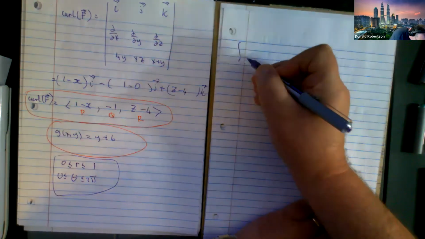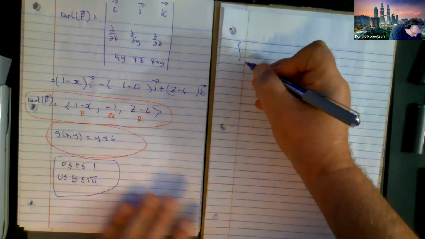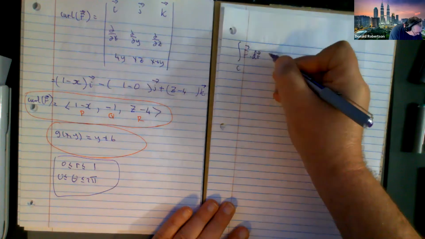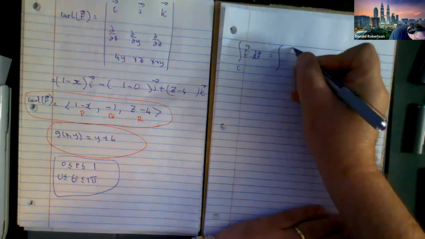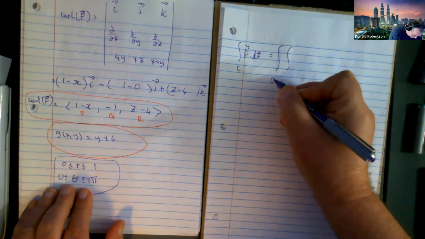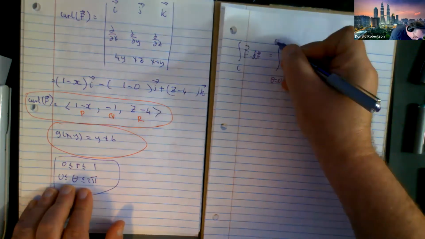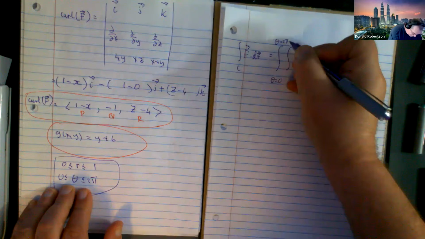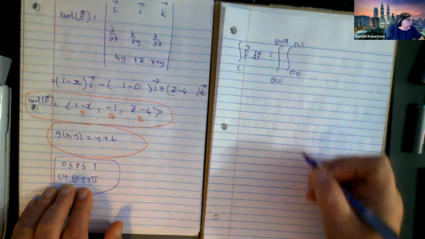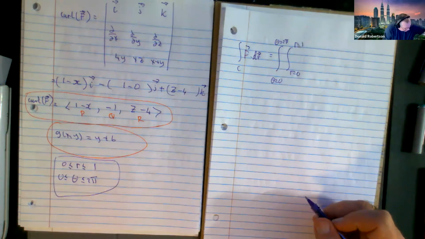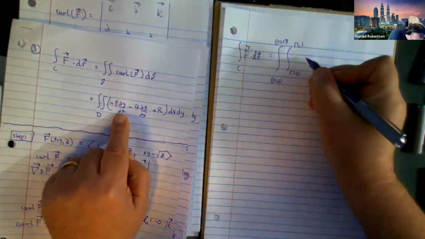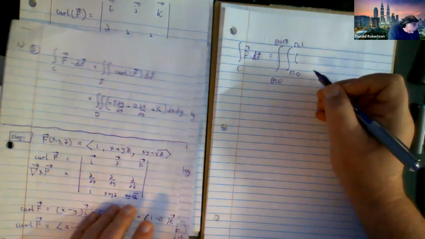So the original question, which is this, is going to be the double integral from theta equals 0 to 2 pi, and from r equals 0 to r equals 1. And I'm using this guy over here. So it's going to be, here goes, negative p.